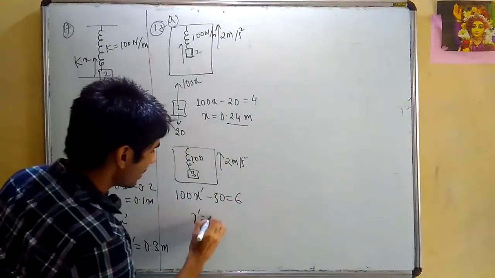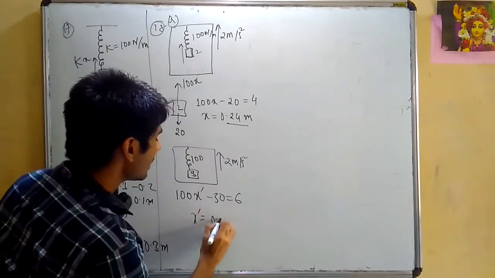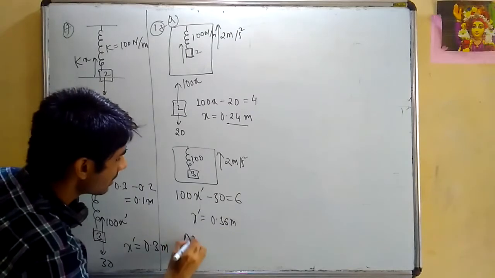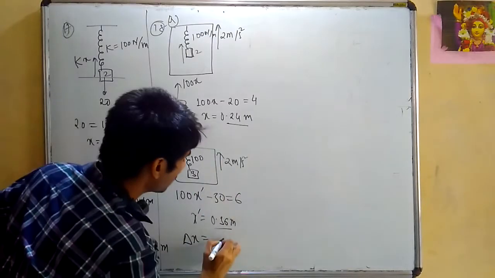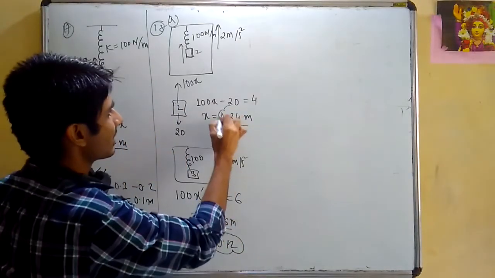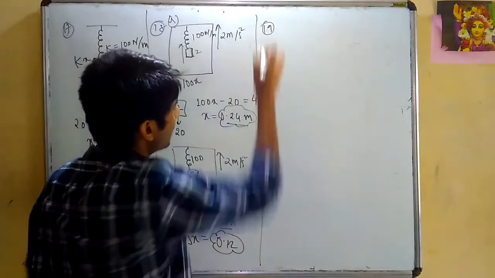So what is x dash? If you see, this is 36 by 100, 0.36 meter. What is the extra elongation? 0.36 minus 0.24, that is 0.12. Extra elongation was asked and this elongation was asked. Answer.